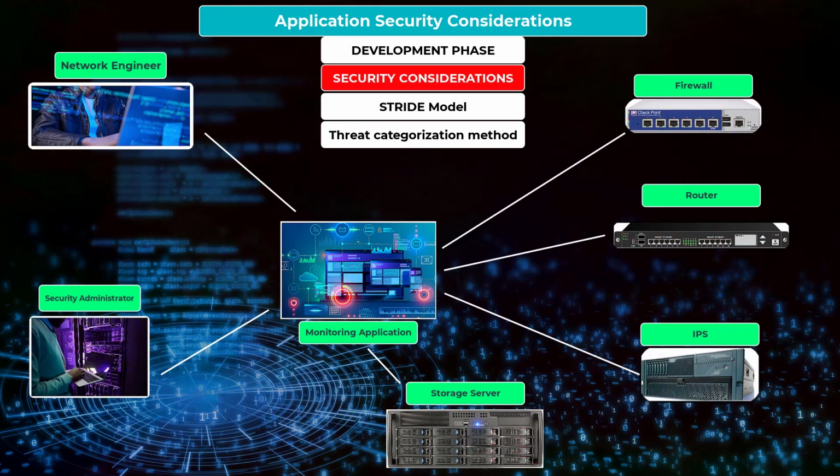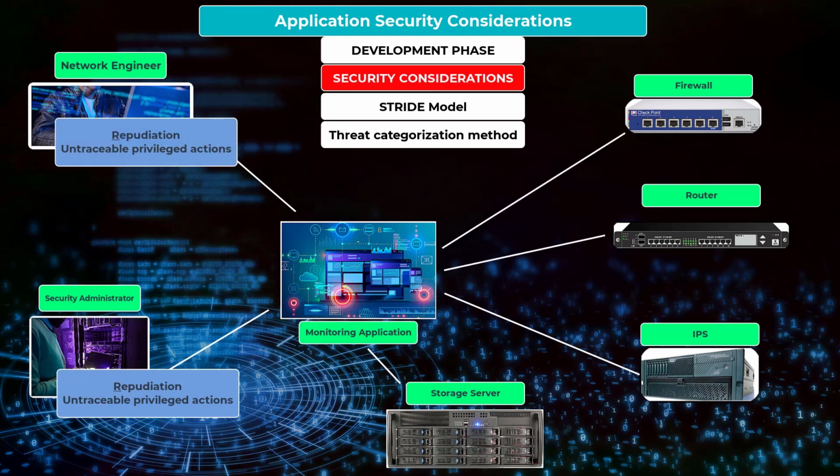Repudiation. Where in this diagram should we be concerned with the threat of repudiation? Where do we want non-repudiation the most? It all goes back to the network engineer and security administrator roles. These roles have a significant number of privileged actions they can perform, especially the security admin.